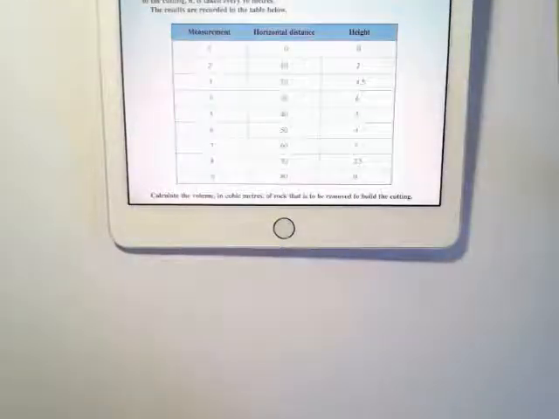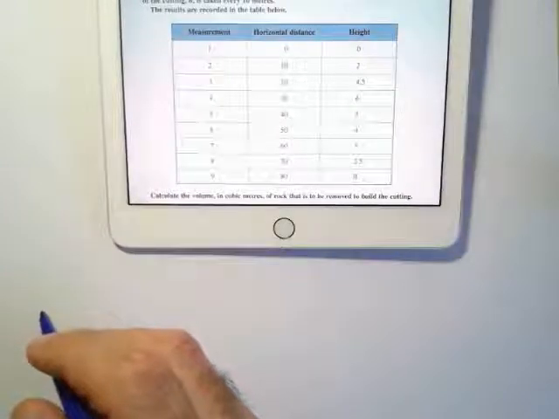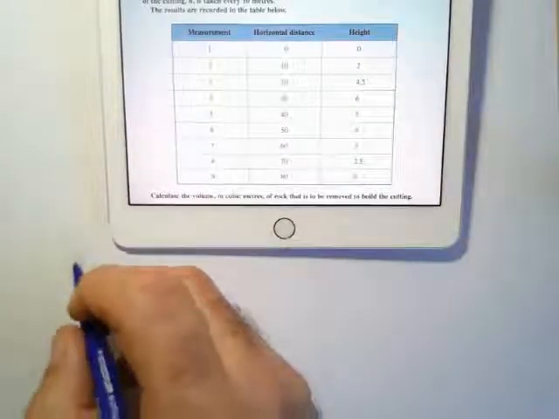Okay, and the first thing that we need to find out is what is the width. We're going to use the formula for the area.